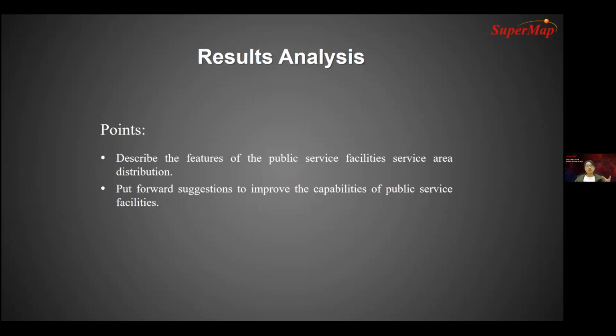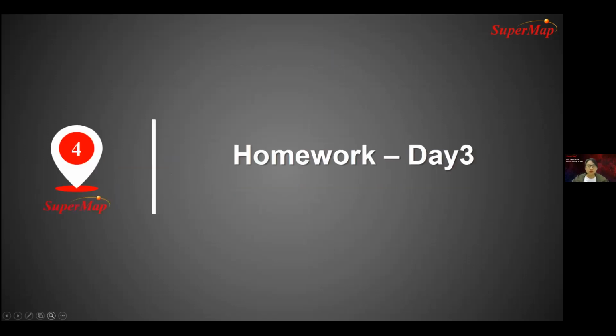So you can see which areas contain the most hospitals and which areas lack hospitals. And also you can put forward suggestions to improve the capabilities of public service facilities and all other points you think you can on your results.